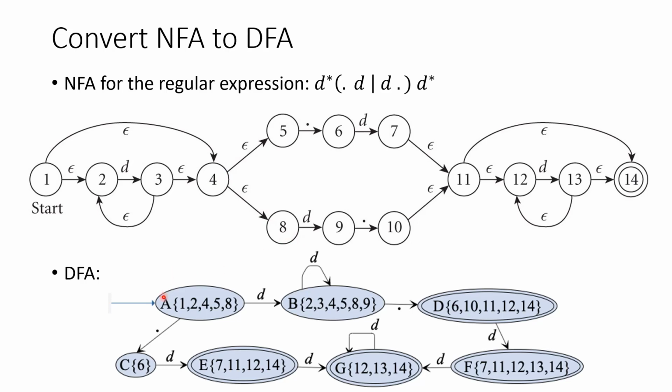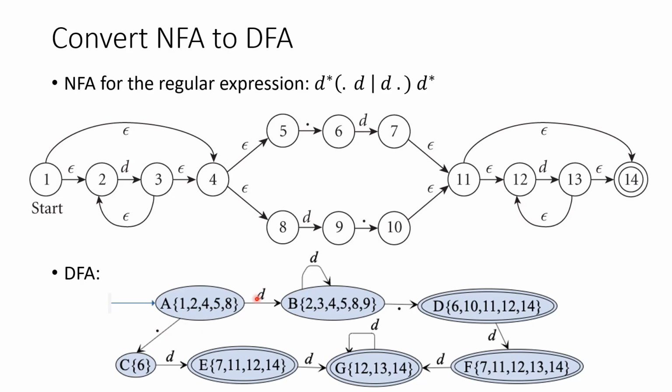We call this state of the DFA state A for short. Now from state A, we want to see which state it will transition to on each of the 2 input symbols, D and the period.